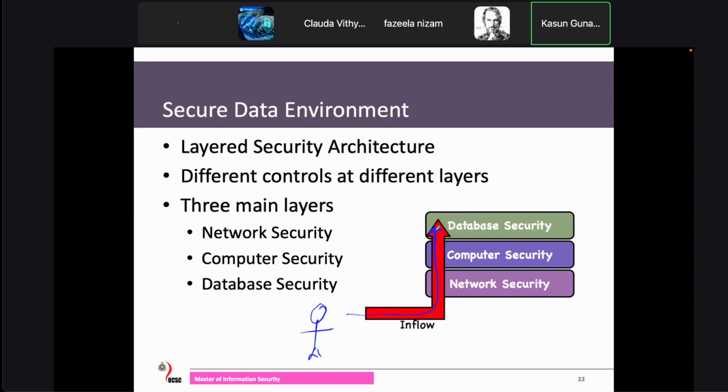So this has been the most effective approach in minimizing the risk of data breaches, deploying multiple layers of security within database environment.